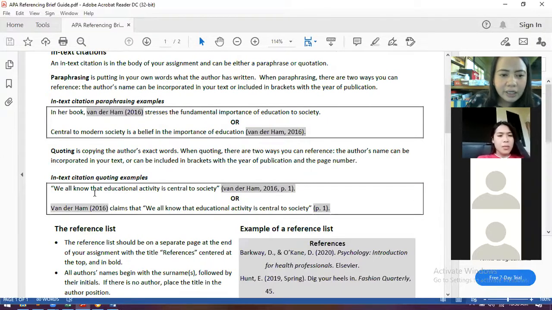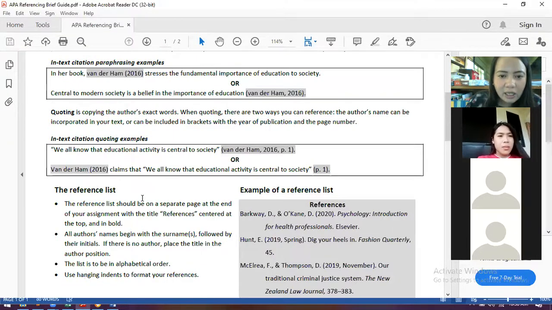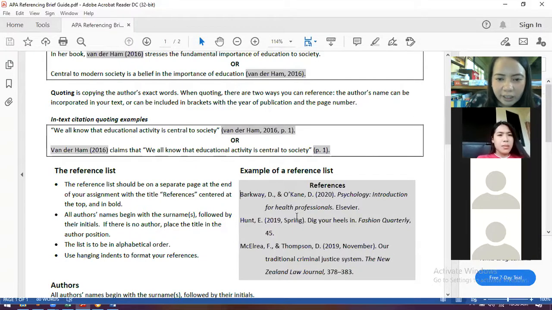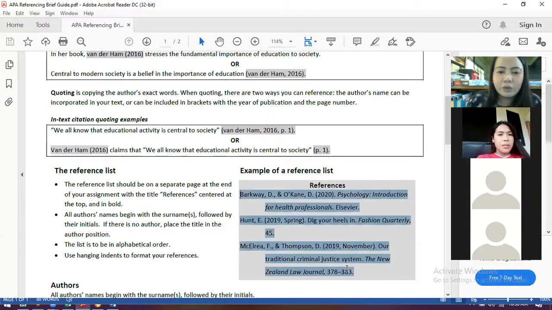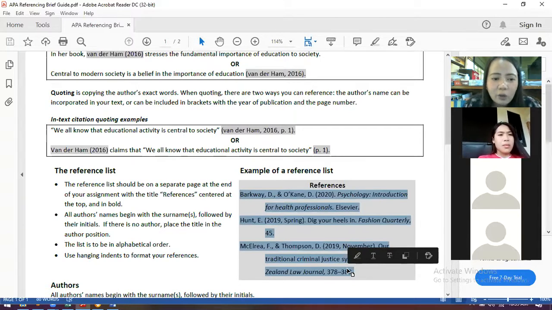So, we have here the reference list. Ito yung ginagawa natin. Later on, turuan ko kayo kung paano to ginagawa sa Microsoft Word. So, kailangan guys, you have to be very alert na every time kukuha kayo ng idea sa internet, kunin nyo talaga yung information ng author para hindi kayo mahirapan.